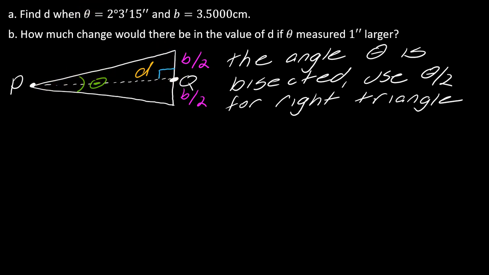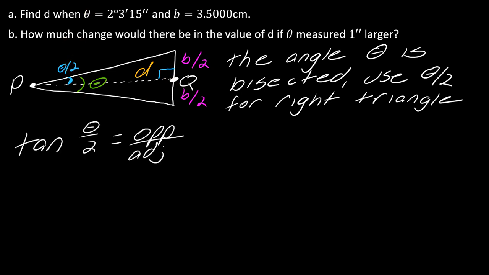Let's label this angle as theta over 2. I'm trying to figure out this distance d. I've been given theta over 2, so I have something I can plug in, and I have b over 2. So I want to find this side, I know this side, and I know this angle. This really looks like opposite and adjacent sides, so this is going to be the tangent function.